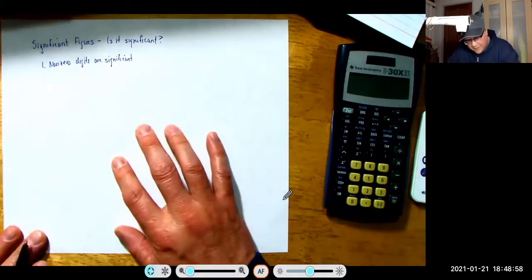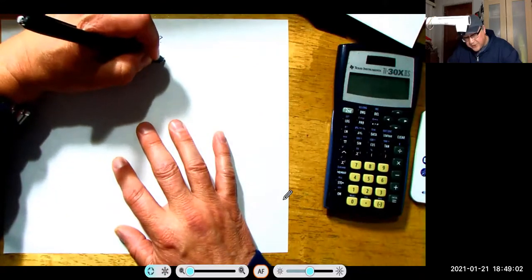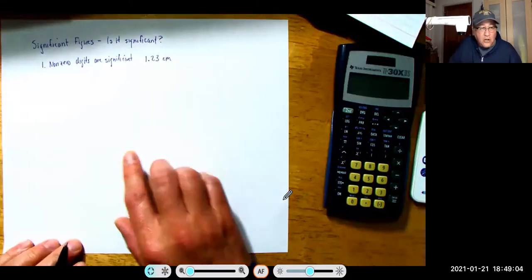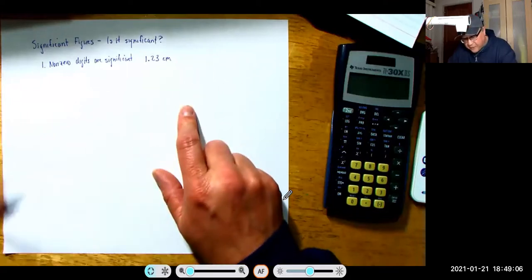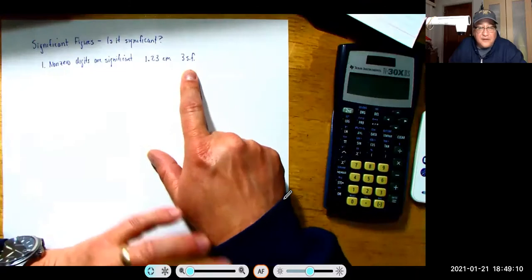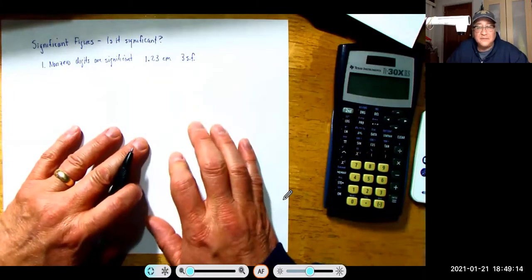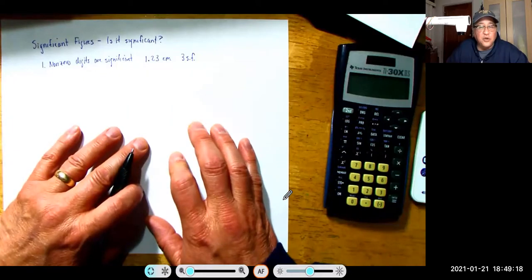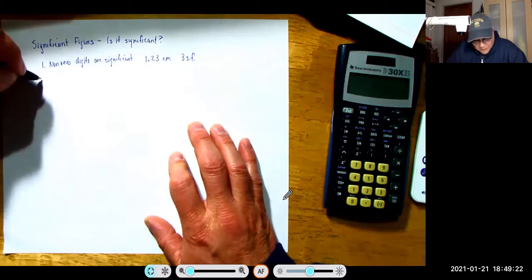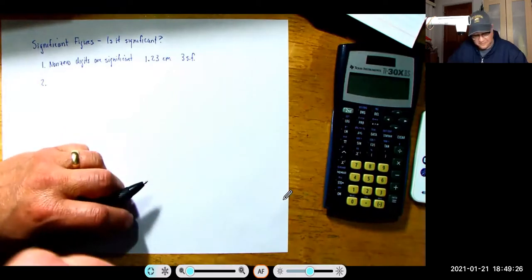So if I write down 1.23 centimeters, these are all non-zero digits, and we have 3 significant figures. SF in this case means significant figures. Are we okay with that? So this rule covers 9 out of 10 numbers. Guess how many rules there are for 0? 4 rules for 0.